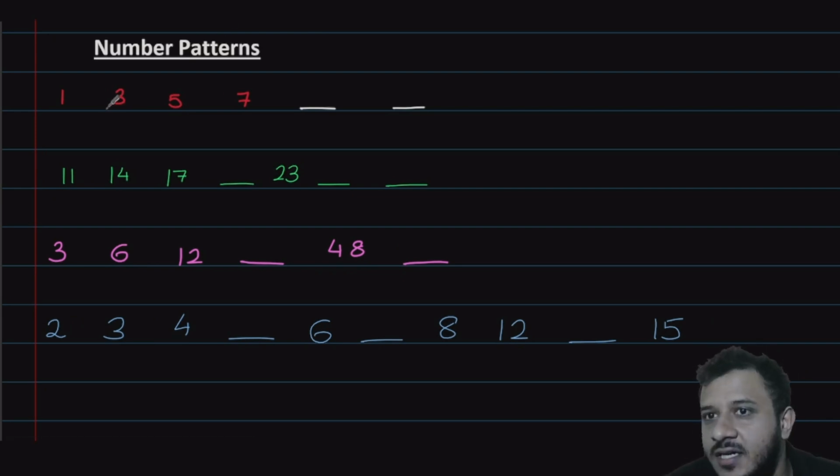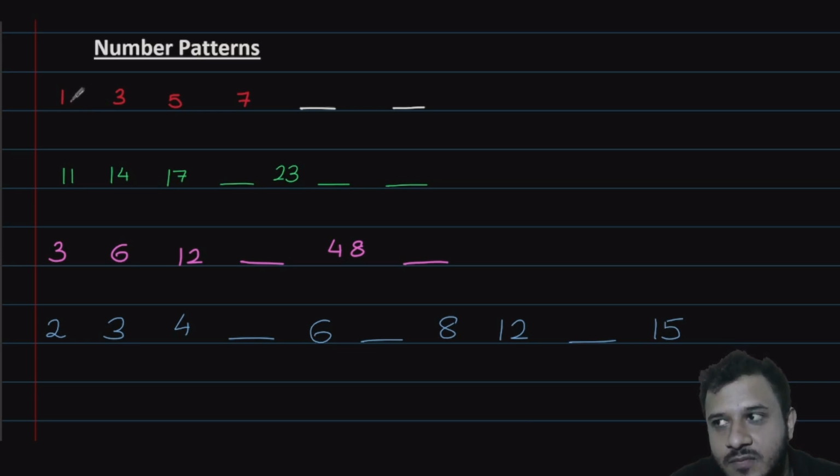So here we can see that 1 becomes a 3, 3 becomes a 5, 5 becomes a 7. What is happening here? Who can see? What's the pattern happening here? It keeps on doing what?